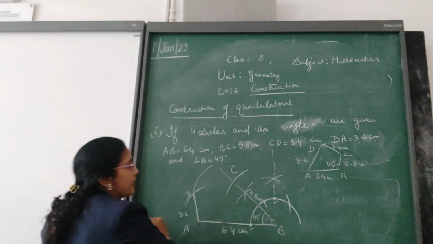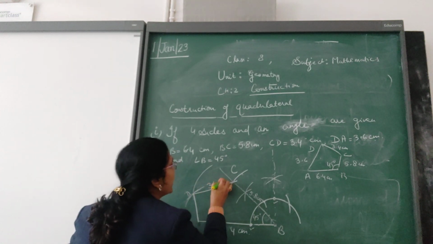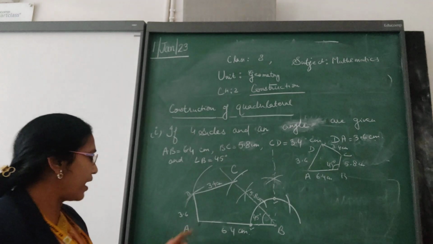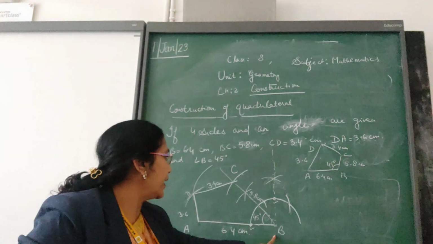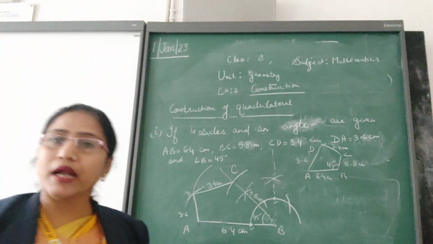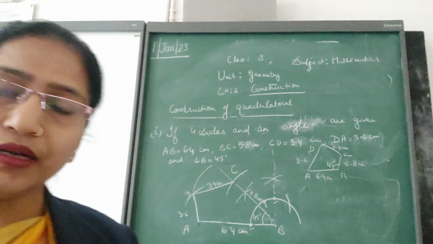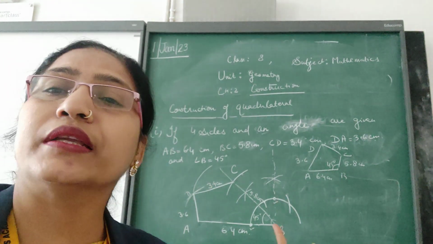Join this. CD you join, this is the 3.4 centimeter. So now you will get the required quadrilateral A, B, C, D. This is the required quadrilateral when 4 sides and 1 angle are given.